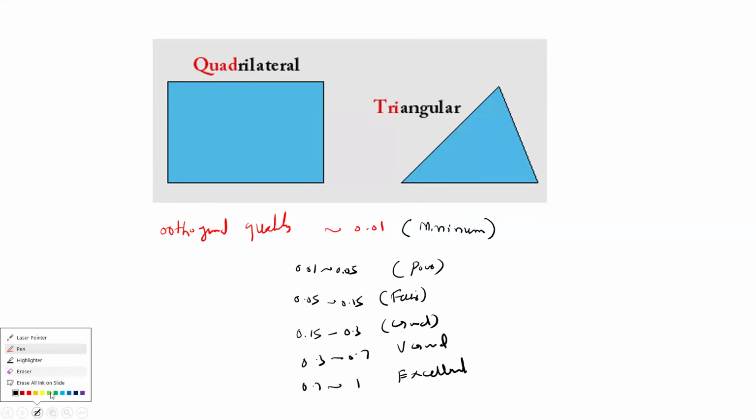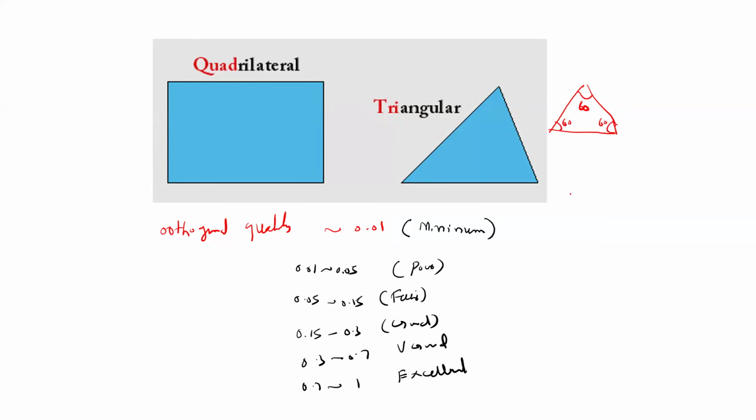And in a similar way, like we defined the quality for the rectangle, the same thing happens with the triangular element. The perfect triangle will be the equilateral triangle, where all angles and all sides are equal. That is when the angle is 60 degrees. So anything different than 60 degrees will have low quality.